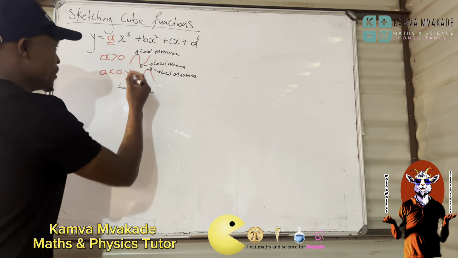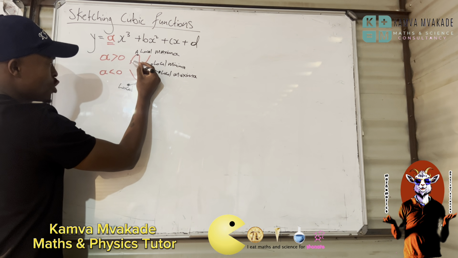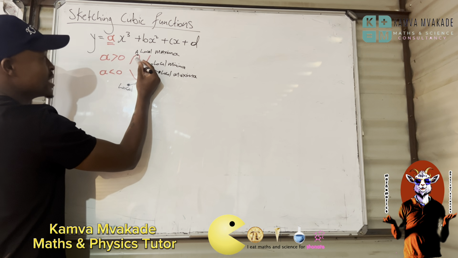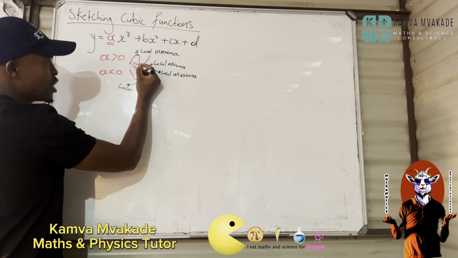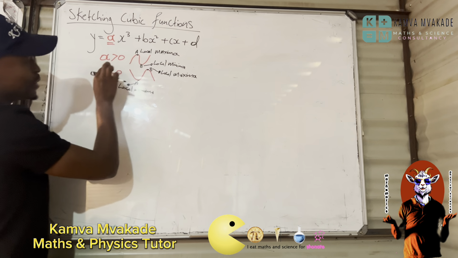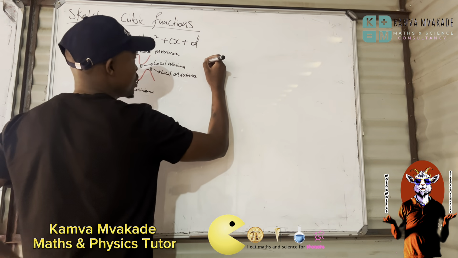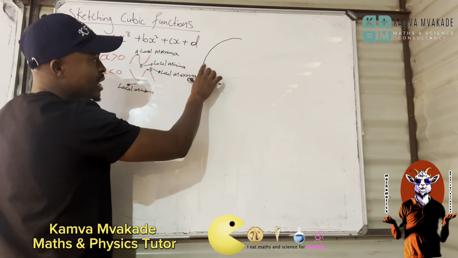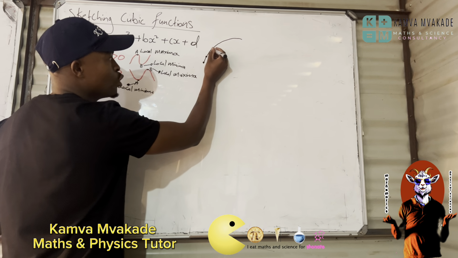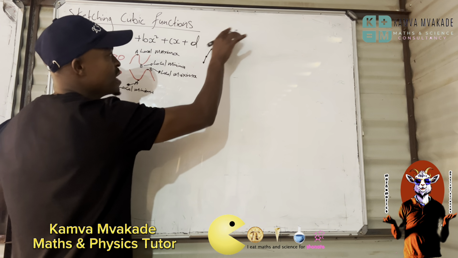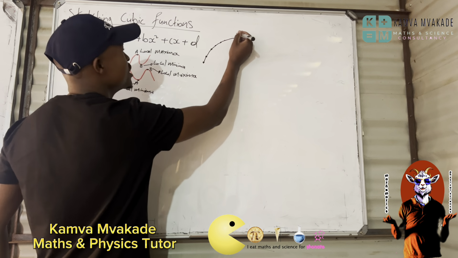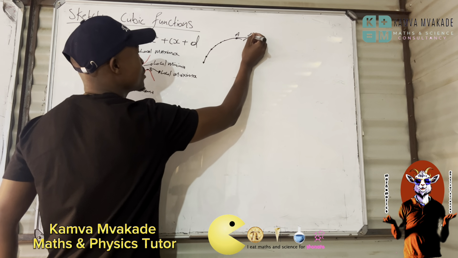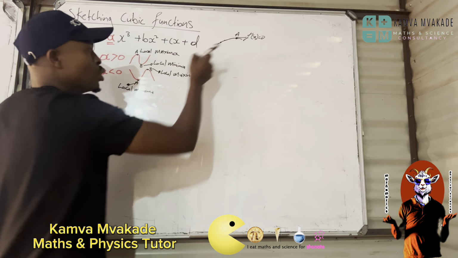It's an increasing function, so the gradient gradually decreases until it reaches the turning point, where f prime of x is 0.